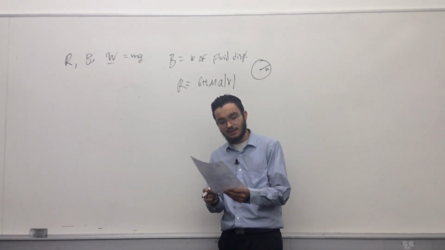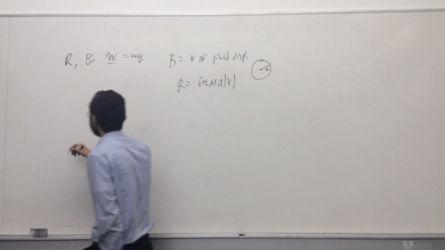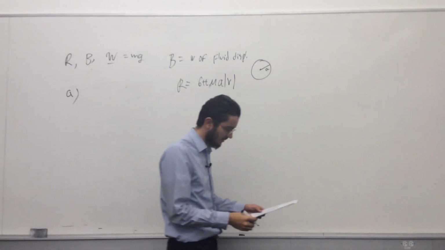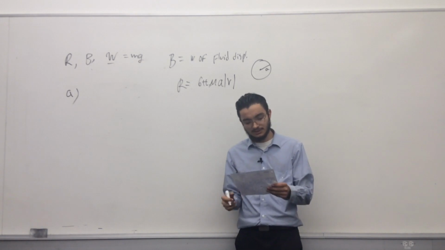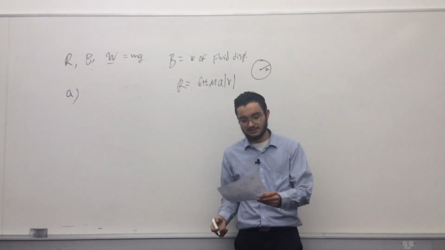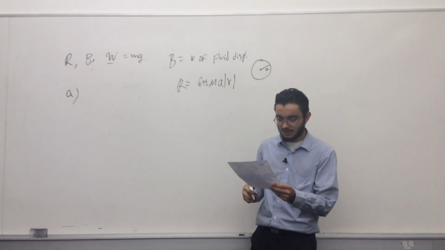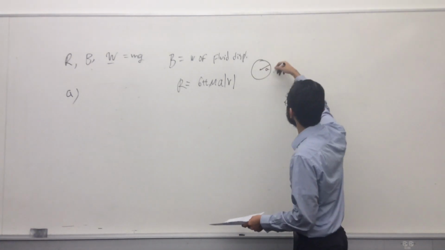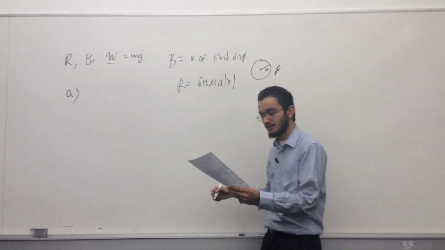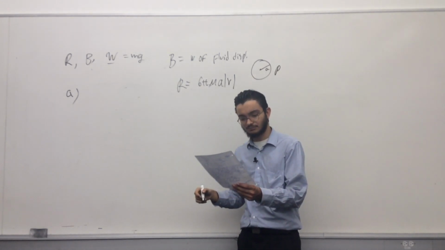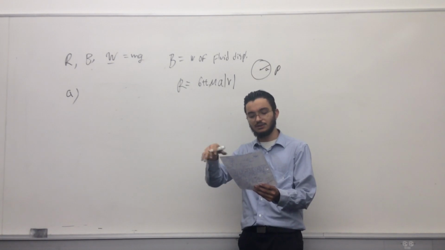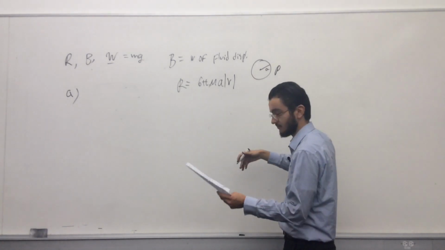Now for part A, this is a pretty interesting problem. We're going to find the limiting velocity, in other words the terminal velocity of this sphere, which has density rho and is freely falling in a medium which has a density of rho prime.